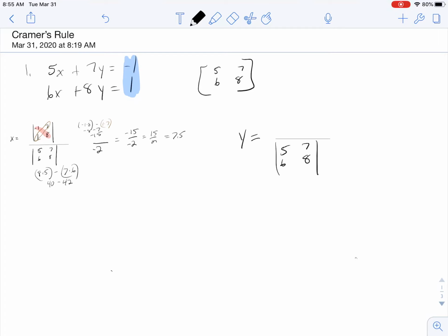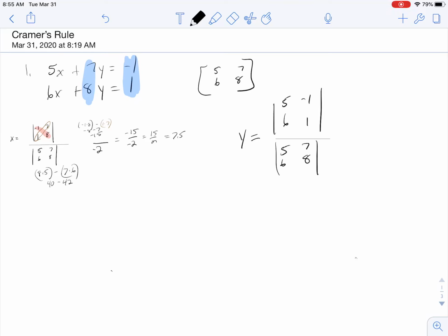In this case, the first column is actually going to be 5 and 6. We keep 5 and 6. Then -1, 1 is going to replace the coefficients for the y's. Okay? So that's the setup.